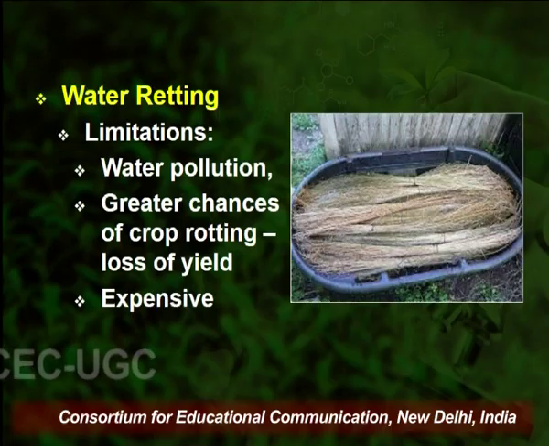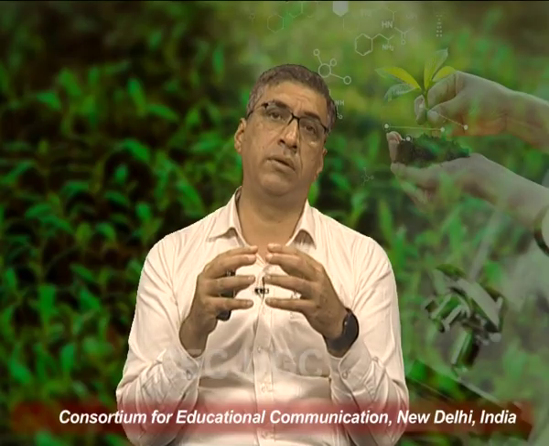The duration for which the fibers are submerged under water is very critical, because if we allow the fibers to remain submerged for a longer duration, it will cause the rotting of the stem of the flax, and that will have a negative impact on the overall yield of those fibers. And this process is generally considered expensive, though it is rapid in comparison to the other processes.